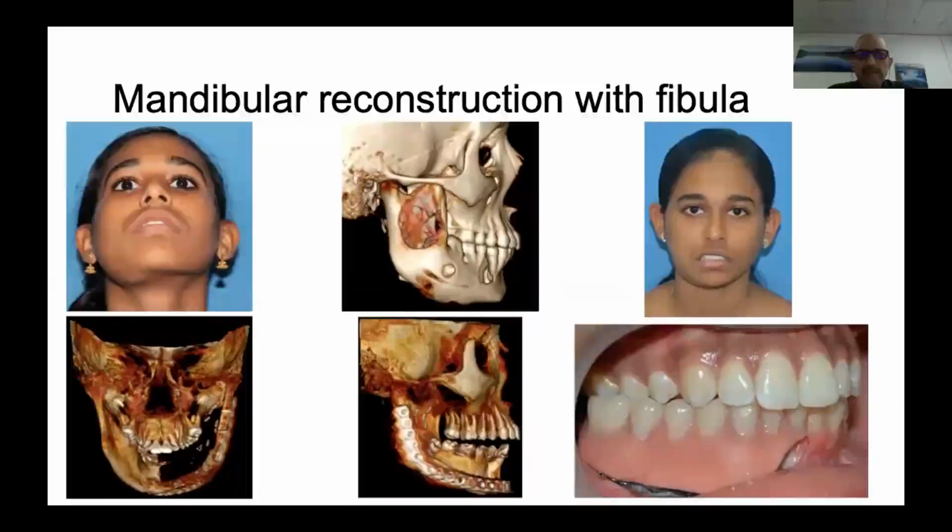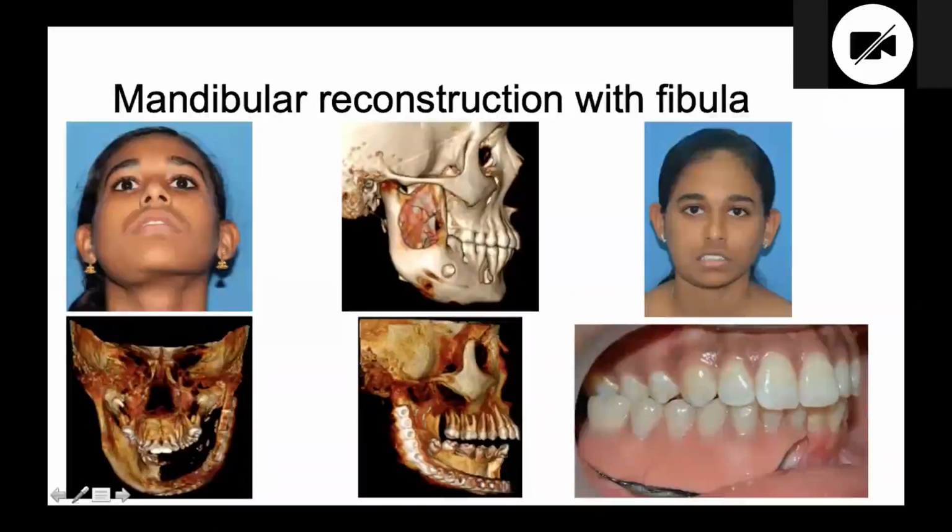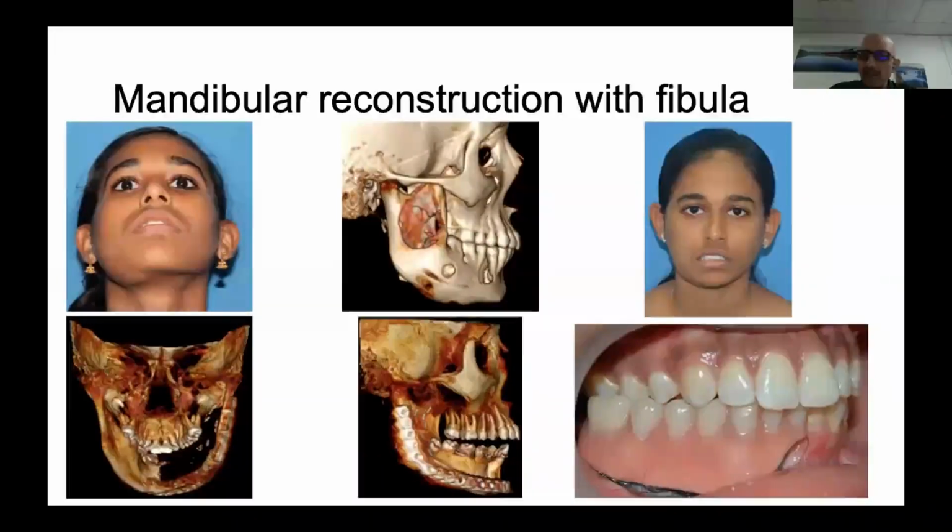Now, this is a typical situation in which, although this particular view is the posterior anterior view, basically the reconstruction has been done on the right side. Although this may look acceptable to many of us, still, I would say there is a kind of drift which has happened here.